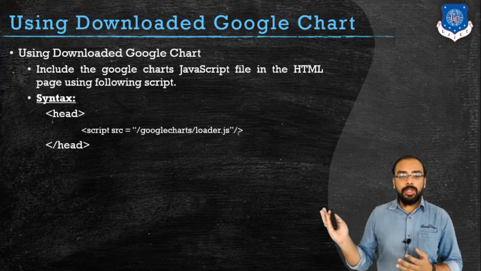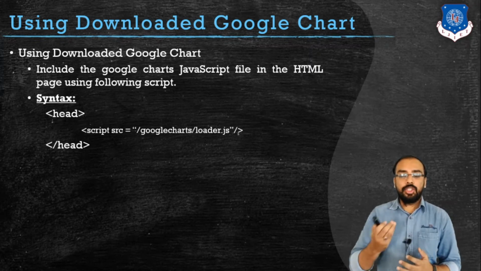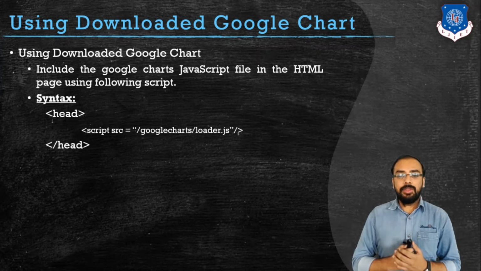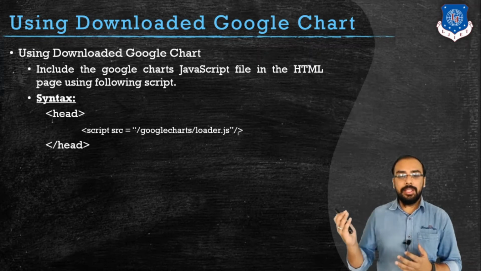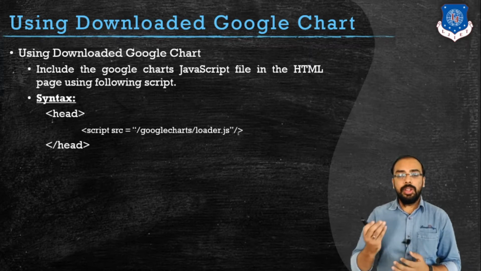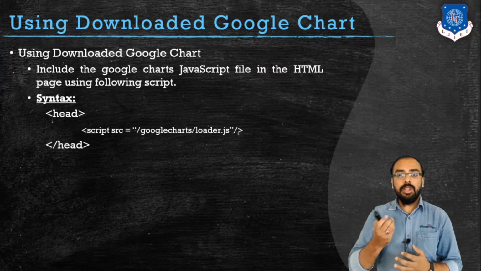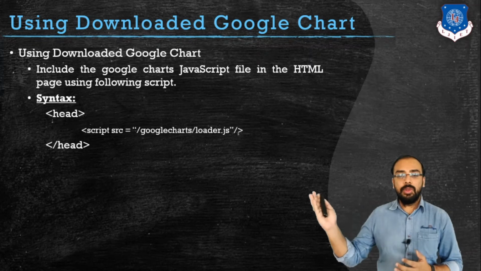As you can see over here, inside our HTML tag we have a tag named head, and inside this head tag we use an element named script, and inside the script we use an attribute named src, that is source, and inside this we pass our URL, that is Google Charts /loader.js. So basically we are using this loader.js file which is present inside the Google Charts. We need to explicitly import this particular file whenever we want to use downloaded Google Charts.